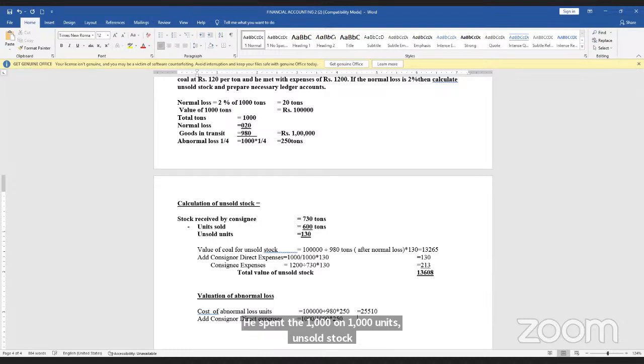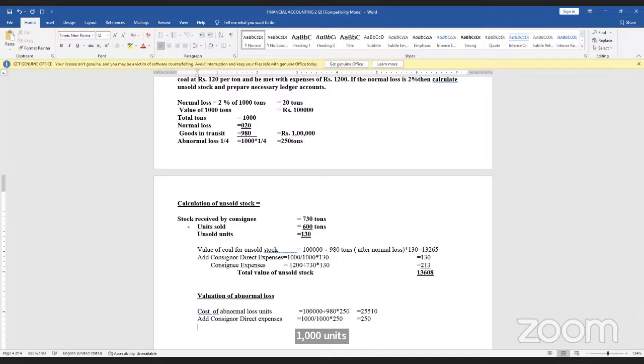So then you will get 250 only, right? Consignor direct expenses are 1,000 rupees freight charges. Upon how many units did he spend? He spent upon 1,000 units. So into 250.